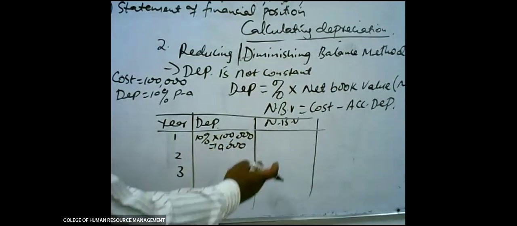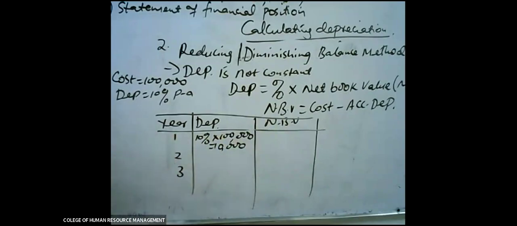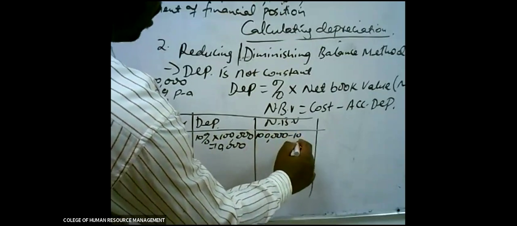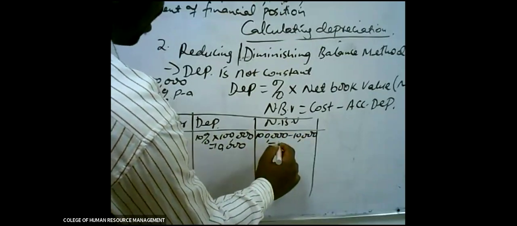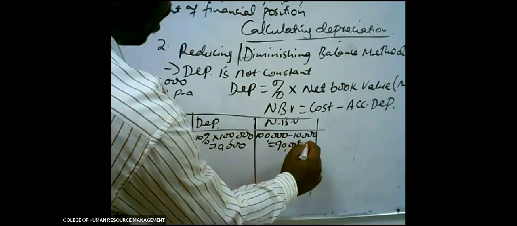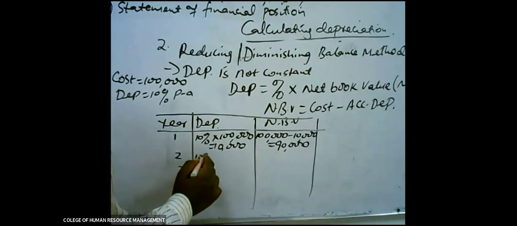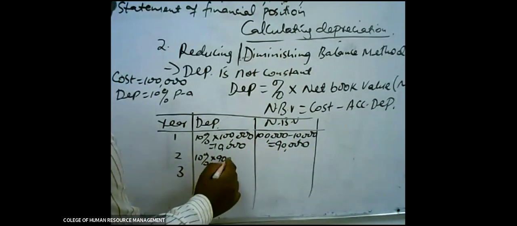So what is the net book value after year 1? We started with 100,000. It has lost 10,000. The remaining value, which is the same as the net book value, is 90,000. The net book value is simply the remaining value after deducting the total depreciation from an asset. So when we go to year 2, the depreciation will be 10% times now 90,000.